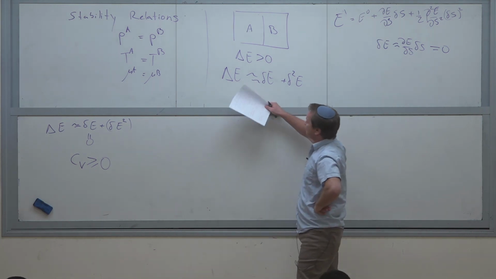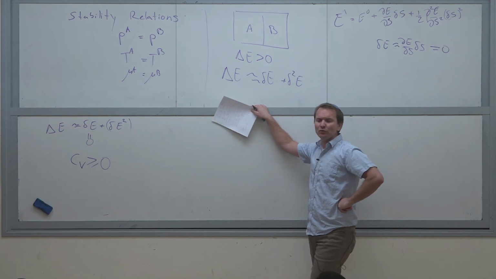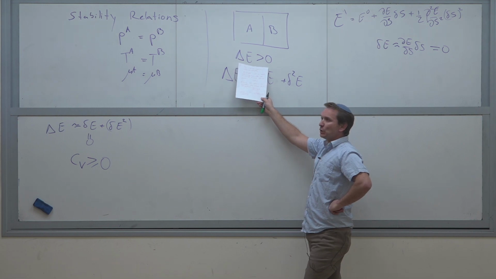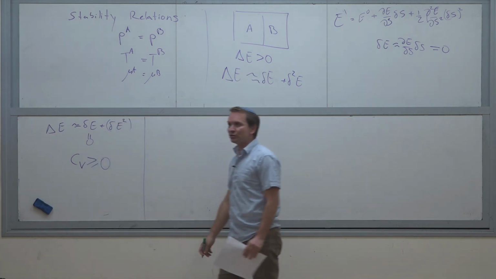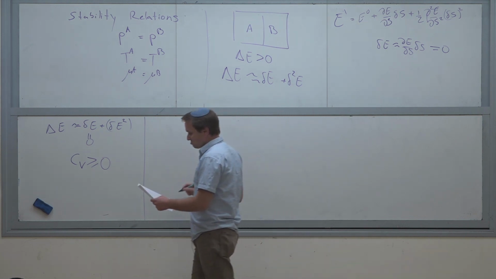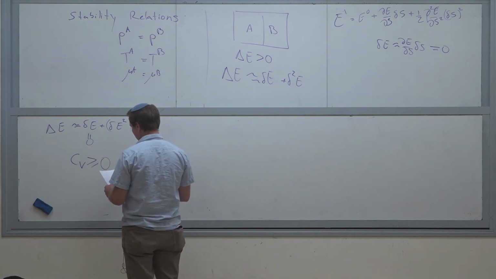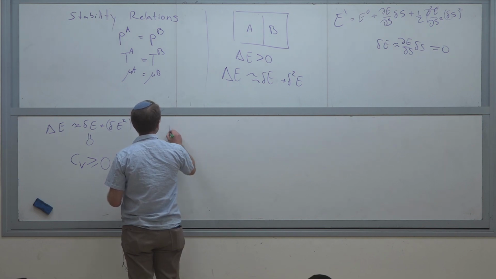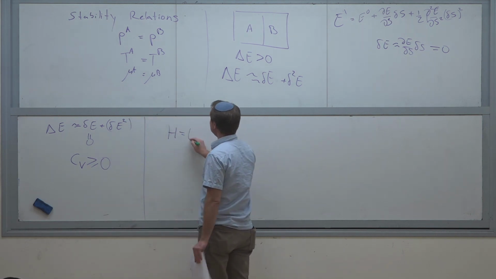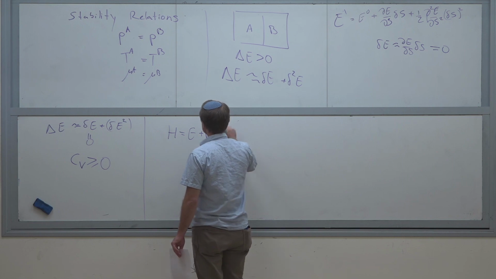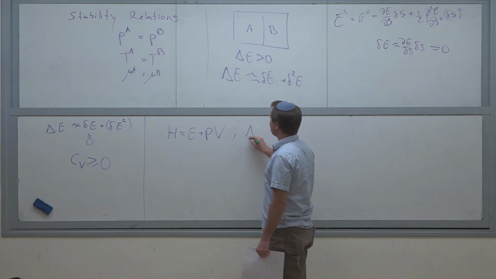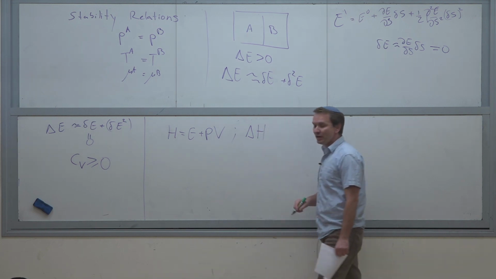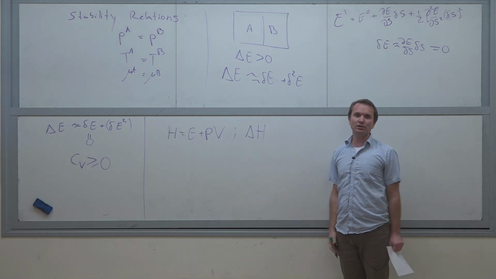Here we used this variational property: if we impose an internal constraint, or the system attains some sort of internal fluctuations, the energy always grows. We can do the same thing, but not for the energy, but for a quantity like enthalpy. So enthalpy equals E plus PV. For enthalpy, there's also a variational principle that fluctuations only increase the enthalpy.